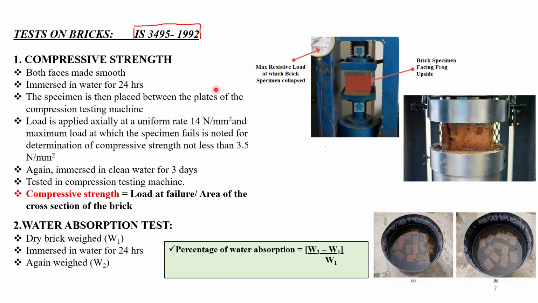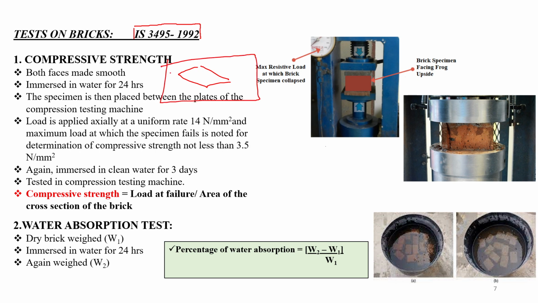On the surface of the brick there is one frog, so we have to fill the frog using 1:3 cement mortar ratio.